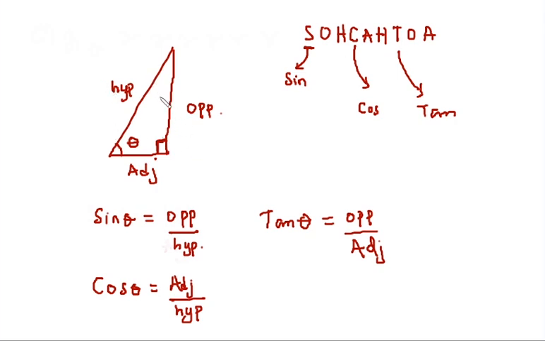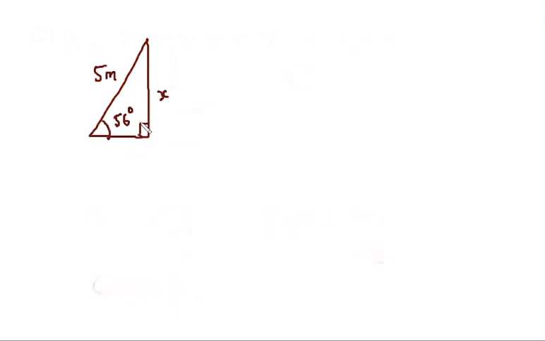So let's quickly take an example to see how to solve problems with SOHCAHTOA. From this example, we are given an angle of 56 degrees, the hypotenuse of 5 meters, and the opposite of x. So what were the values that we're given? We're given theta is equal to 56 degrees. We are given the hypotenuse of 5.